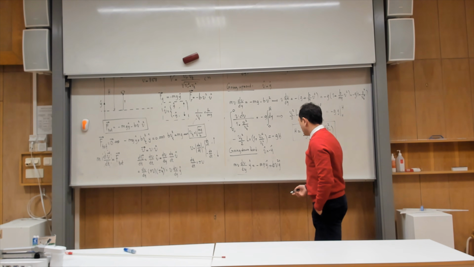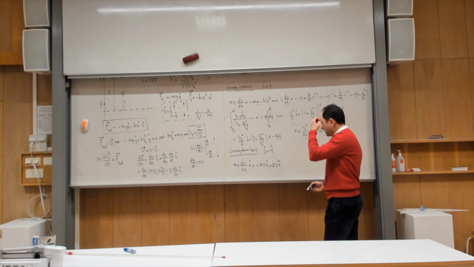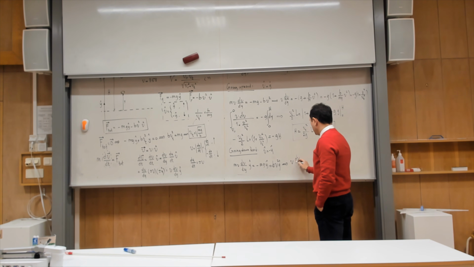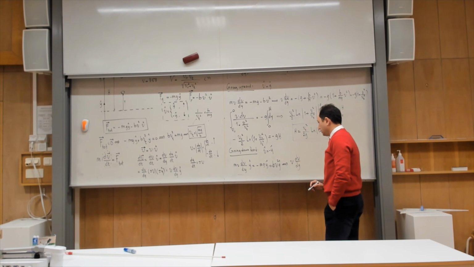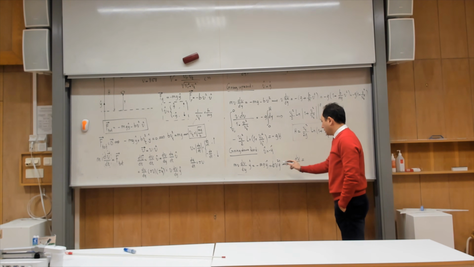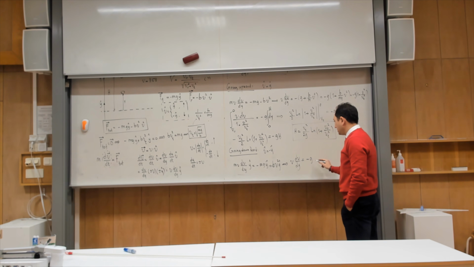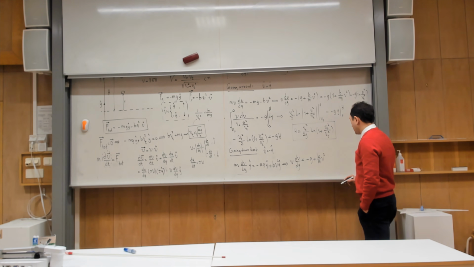Okay, so then this tells me that I can use the same trick, so I divide by m, I will get v dv dy, and on the right hand side I will get minus g, I'm dropping y hat as well, so it is minus g and then plus b over m v squared, and that is exactly the same story.